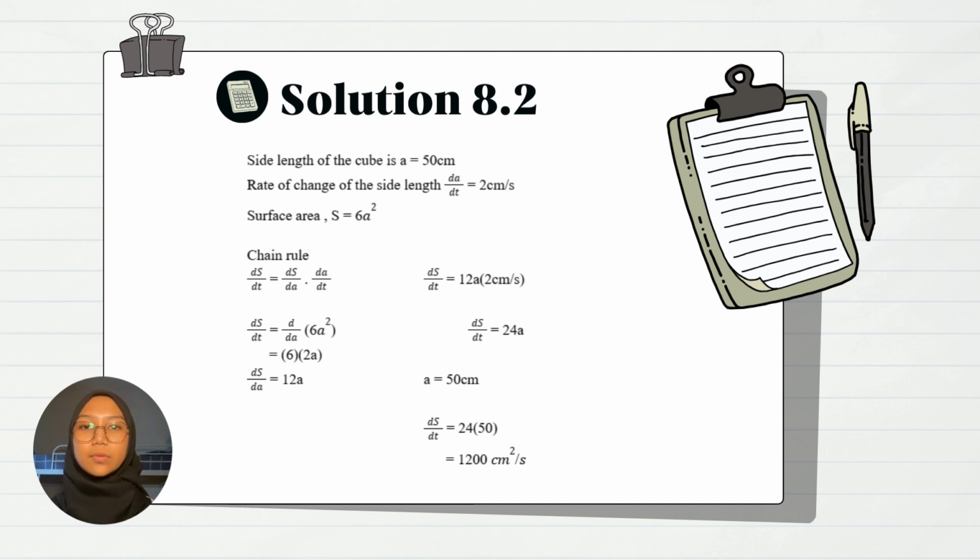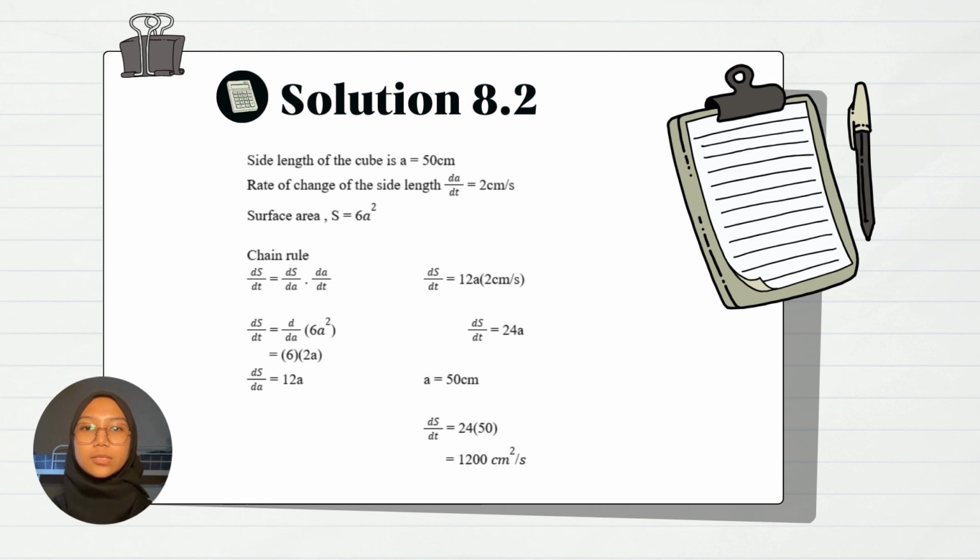To find dS over dA, we differentiate the equation S equal to 6A squared, where we will get dS over dA equal to 12A. We substitute the value, then we get dS over dt equal to 12A multiplied by 2 equal to 24A.